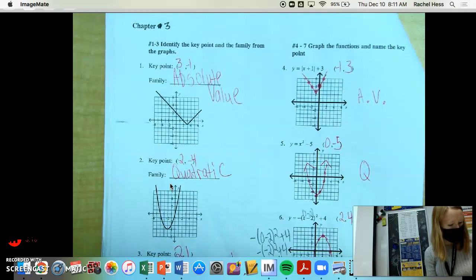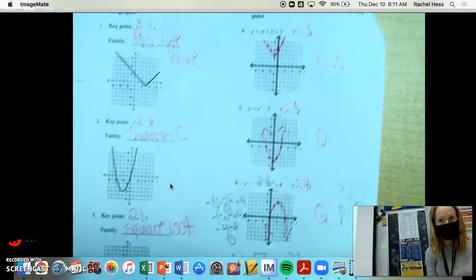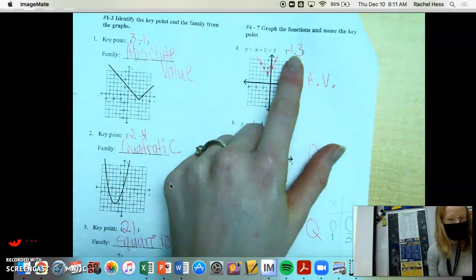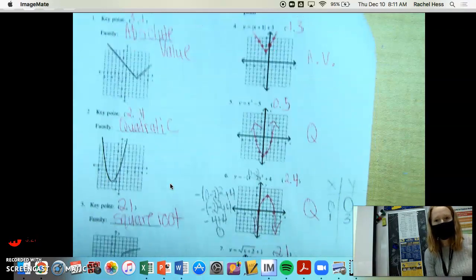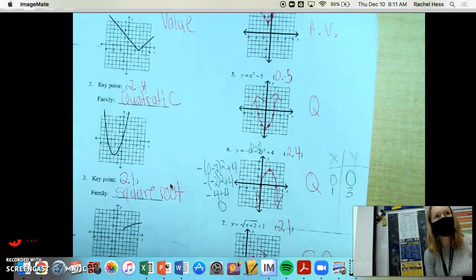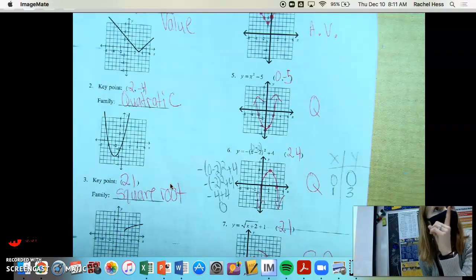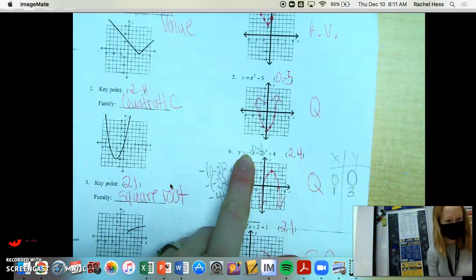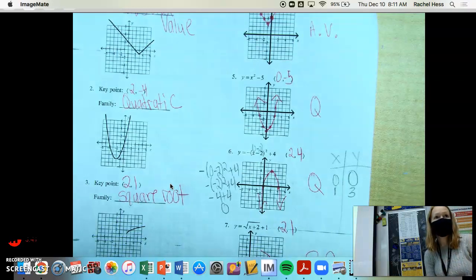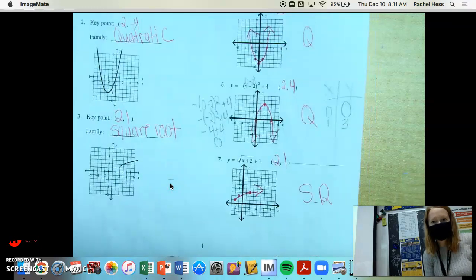If you can remember how to find your key point from your equation for these ones, then you will have to graph one equation on your test. But it is easier to remember if I know what my key point is, and then I can tell you if it opens up or down, then that's all I really need to know.